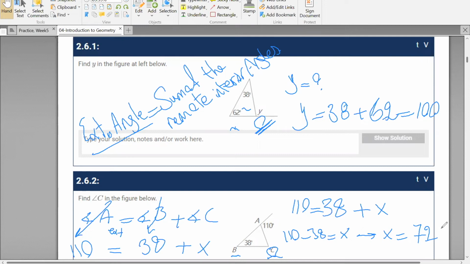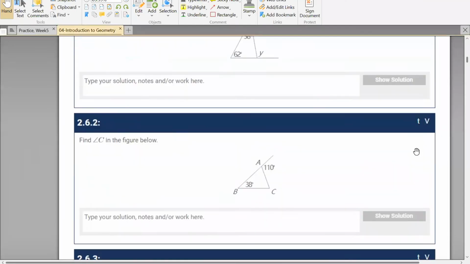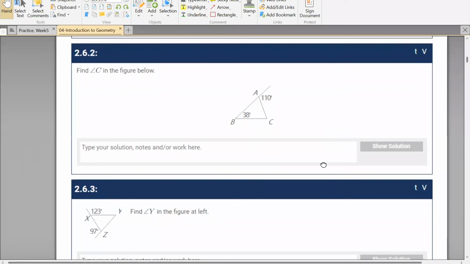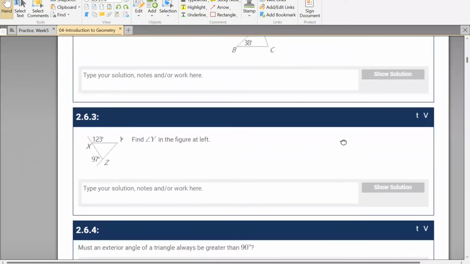Okay. Does anyone have any question on this? If not, we're going to keep going.